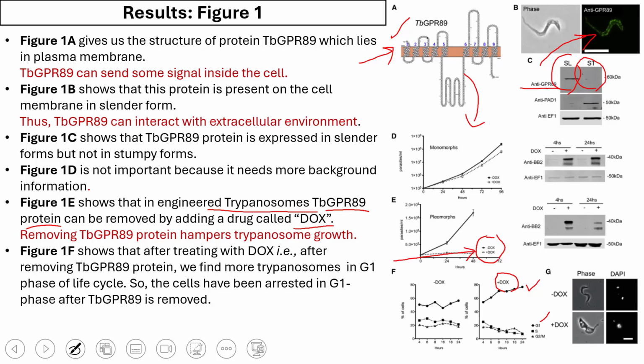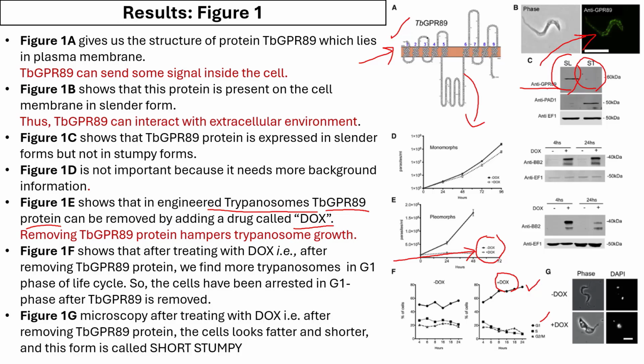It gets arrested in G1 phase. And here the researchers have shown that if you remove GPR89, the trypanosomes get stuck in the G1 phase. But they're not concluding anything here. They are going to further investigate what is happening to the trypanosomes when GPR89 is removed.